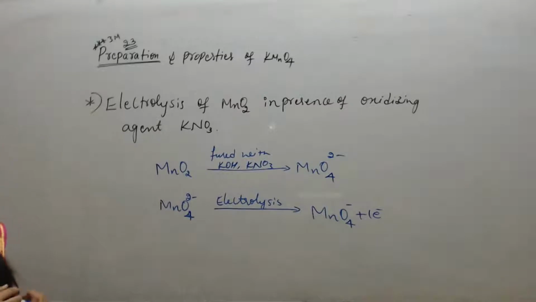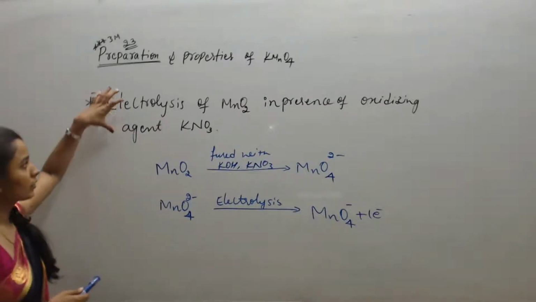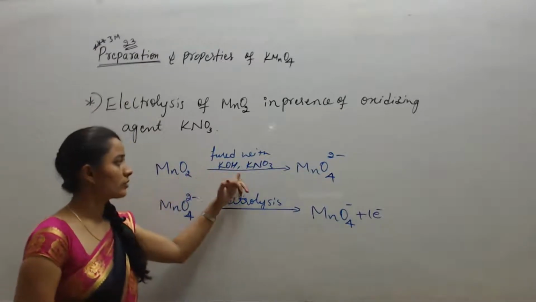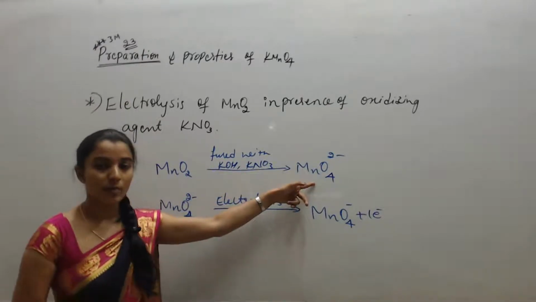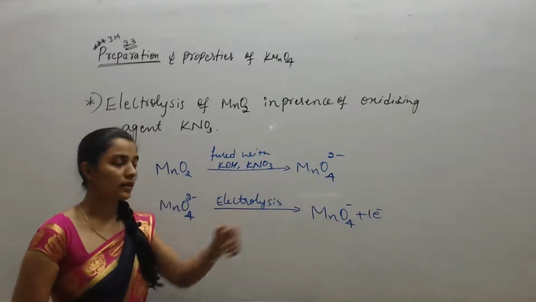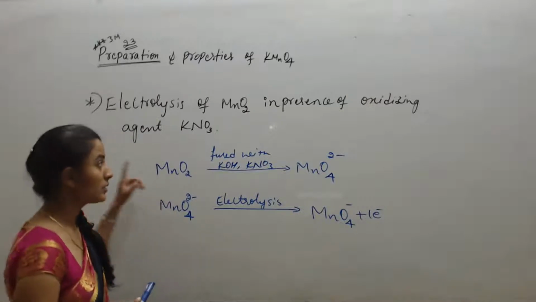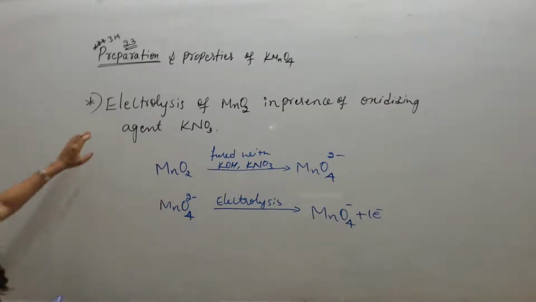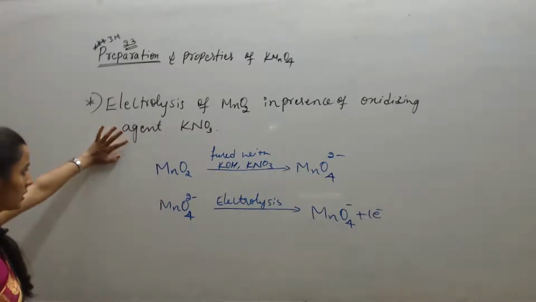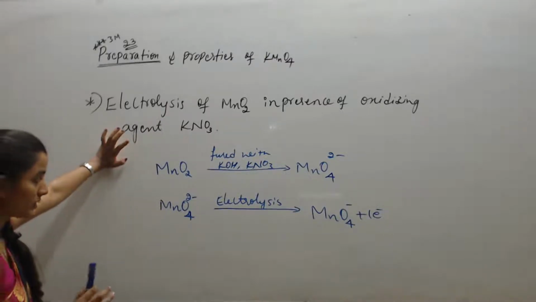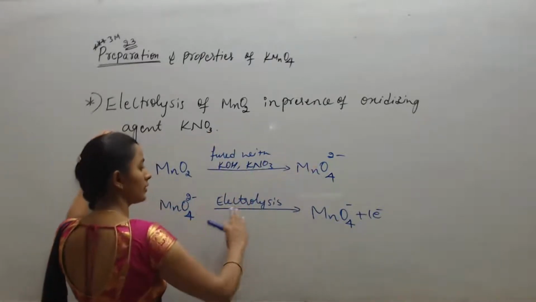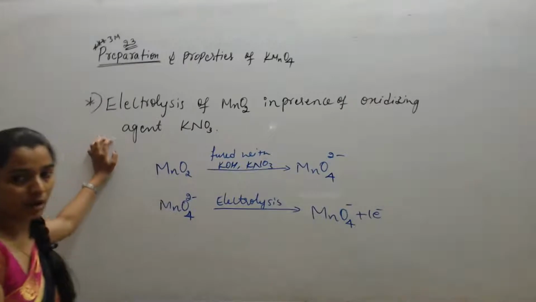In the electrolysis process, the first reaction is that MnO2 is fused with KOH and KNO3 and forms manganate ion. This manganate ion undergoes electrolysis and gives permanganate ion. This is another type: electrolysis of MnO2 in the presence of oxidizing agent KNO3. First it is fused to form manganate, and manganate undergoes electrolysis to give permanganate.